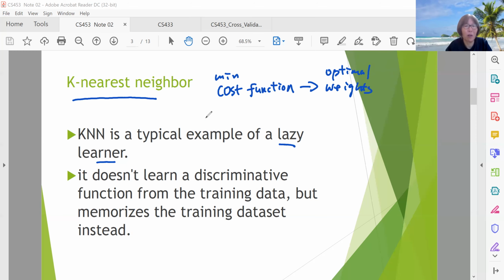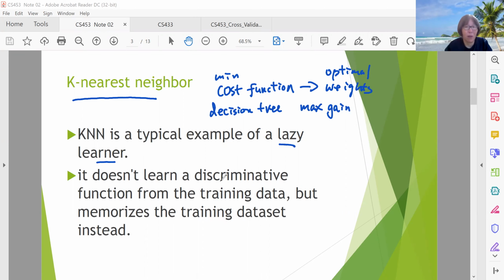And of course for the decision tree, we have that impurity, and we try to maximize the gain.